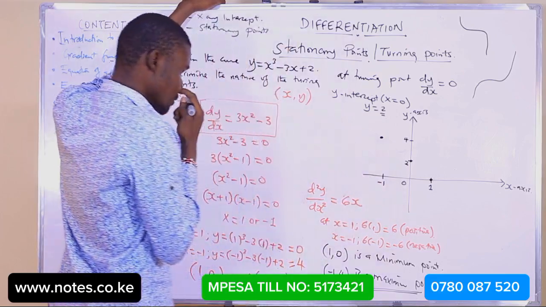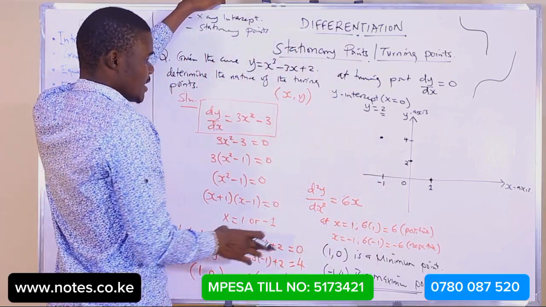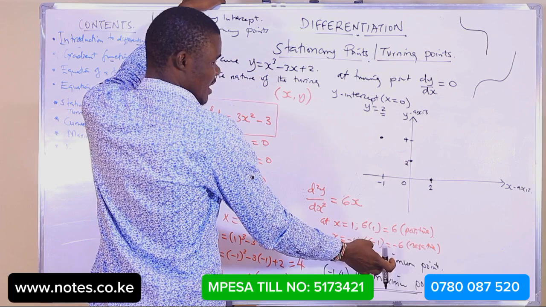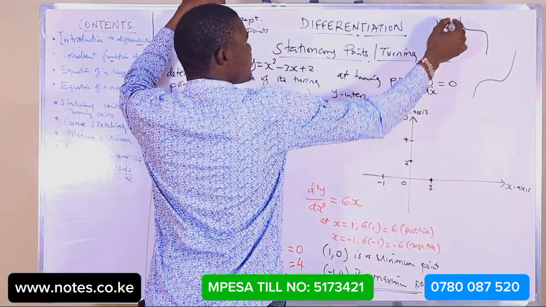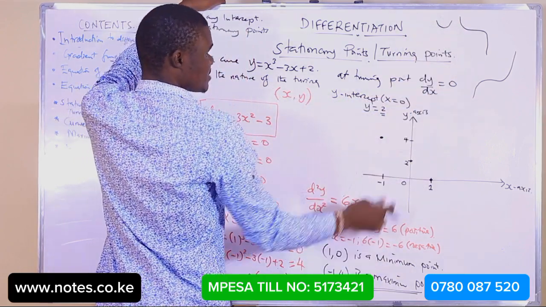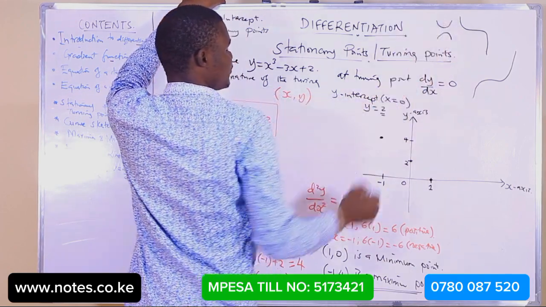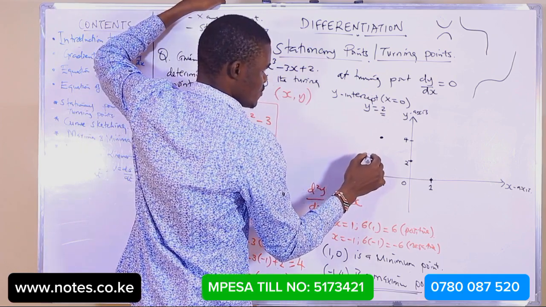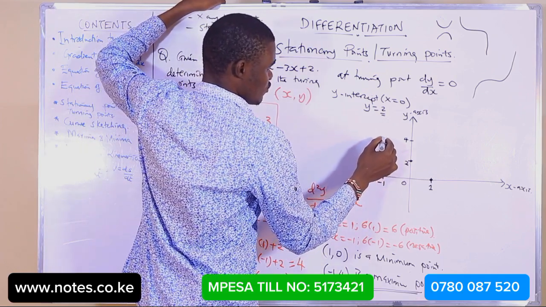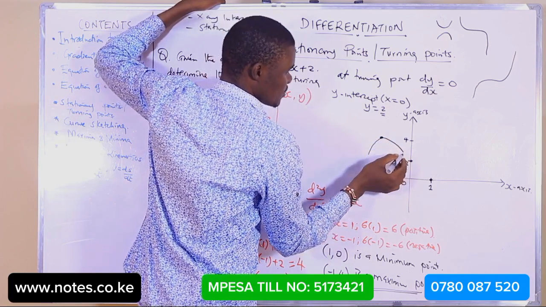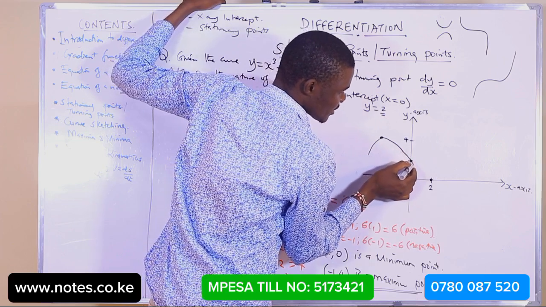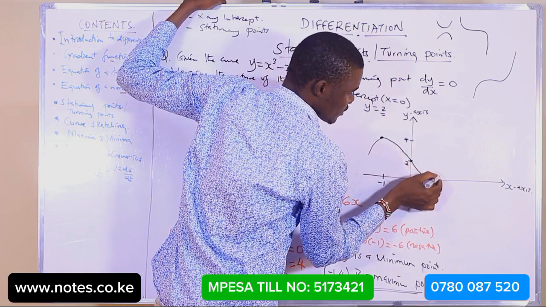Now, if you want to sketch it, know that (1, 0) is a minimum point, so it takes generally this shape. And when it is a maximum point, it takes that shape. Good. So when you are curve sketching, you just do it like this. It must pass through these points. Mine will not be as accurate, but yours will be.